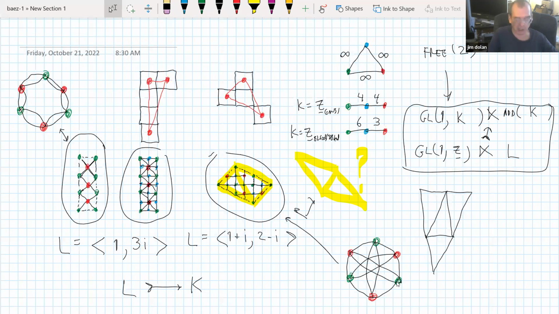That's one of the reasons I really want to test this conjecture, because I'm getting this slightly worrisome thing. Is it really true that these 2 are in the same Grothendieck-Teichmüller orbit, even though they have noticeably different non-planar graphs?